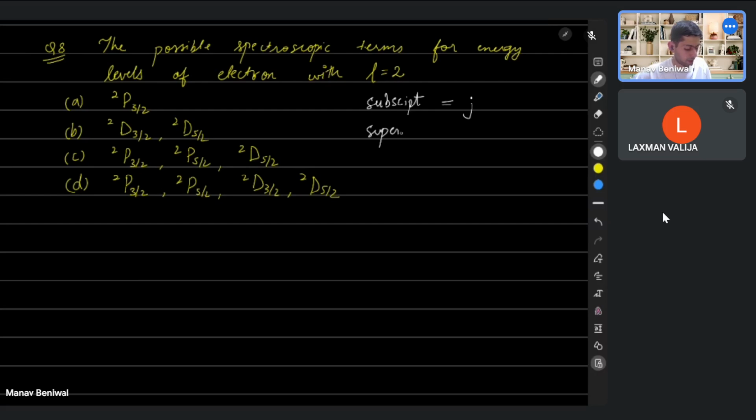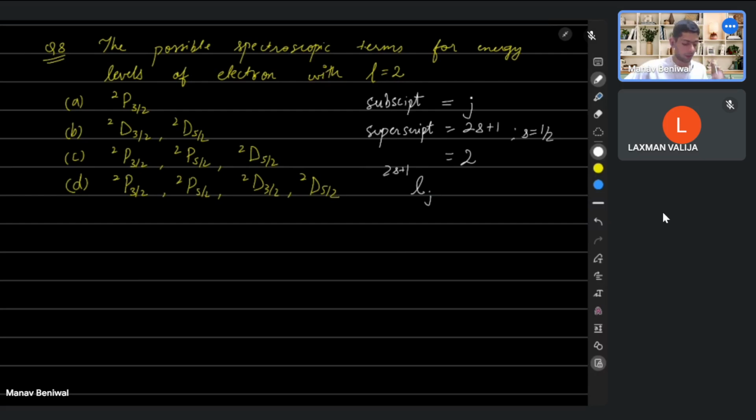And the superscript is the value of 2S plus 1, and because S is half, the superscript will always be 2. And this middle symbol, either P or D, is just L. So our notation is L, 2S plus 1, and J.